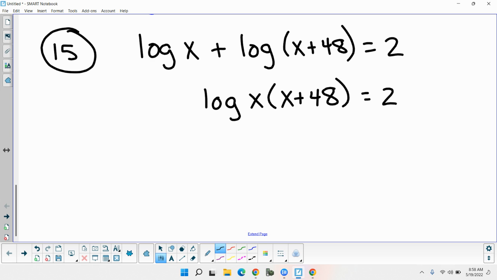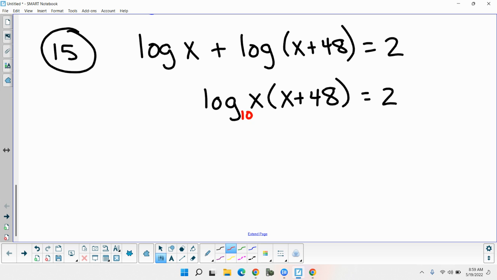Now, what's my base for my log? We just haven't written it. If you don't see a number there, what's the base? 10. Very good. So remember, that's a base 10 log for this problem. At this point, we turned it into an exponential problem.